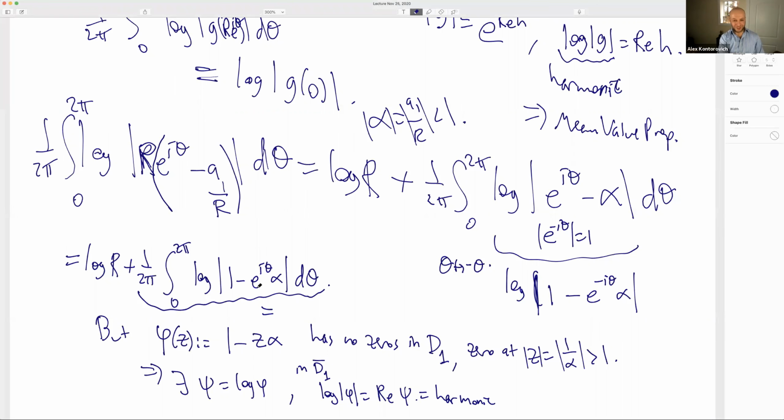What we're integrating over is exactly the disk of radius 1 of this function, log of phi in absolute value. And so this thing takes on the value at the origin. So this is log of phi of 0, but phi of 0 is 1. So this is log of 1, which is 0.